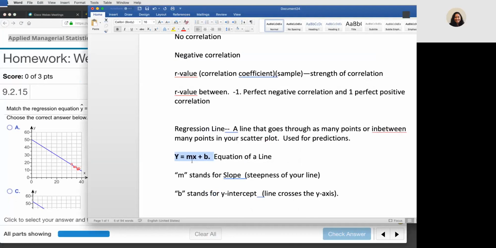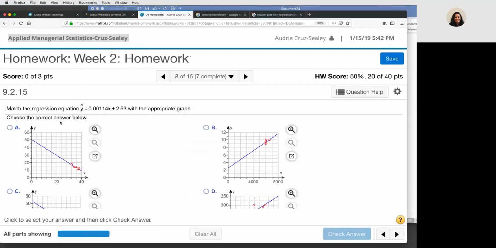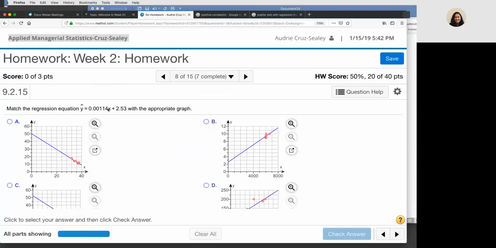The number in front of the x is always your slope, and the number that does not have an x associated with it is going to be your y-intercept. So, does everybody agree that the slope is positive? There's not a negative in front of this number. So do we agree that the slope is positive? Yes. Okay. So the slope is positive.